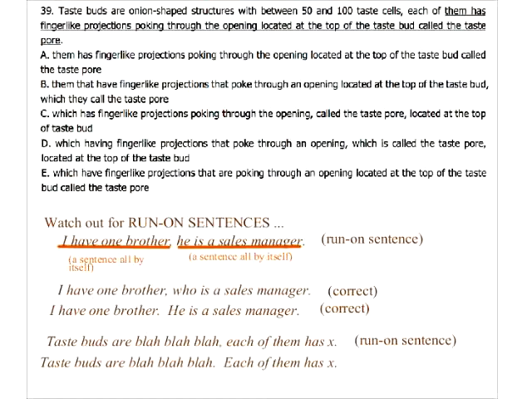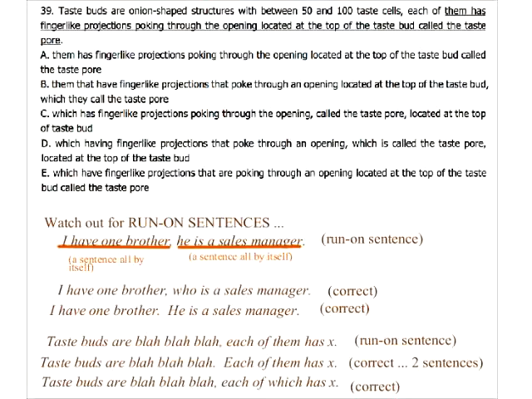This would be correct. I mean, you're not going to see it written as two sentences, but if it would work as two sentences, then it definitely doesn't work as one. And then if you have "Taste buds are blah, blah, blah, comma, each of which," then that works. So the "which" here is kind of like the "who" up there. It relates back to the other clause and lets you stick these things together.